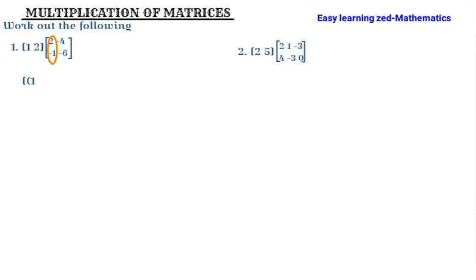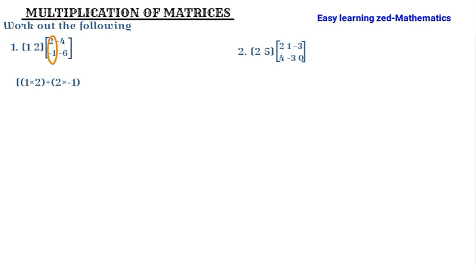So it's going to be 1 by 2, then plus 2, the 2 in the first matrix, multiplied by the negative 1 in the second matrix, the number on the bottom of the first column. So we have 2 multiplied by negative 1, then we close the bracket. The sum of these products will give us the number in position 1, 1.